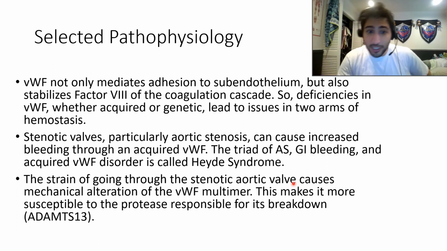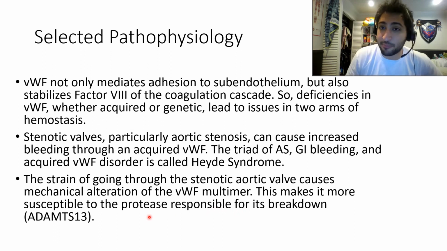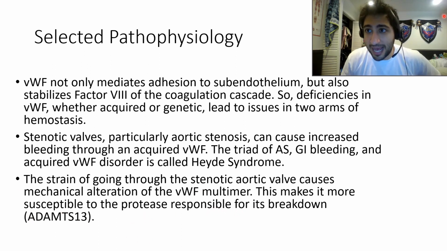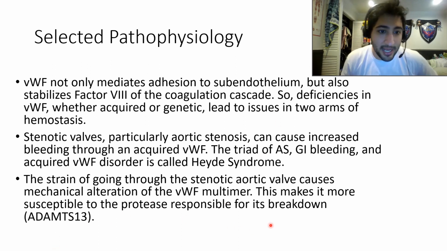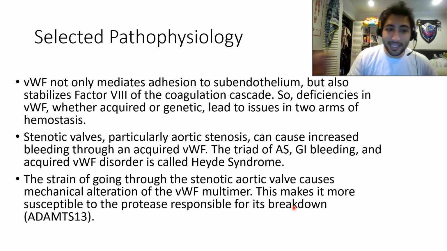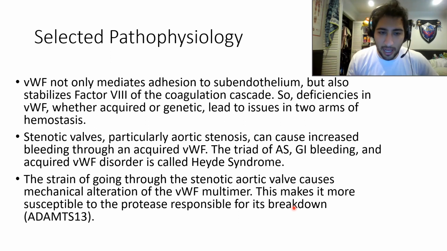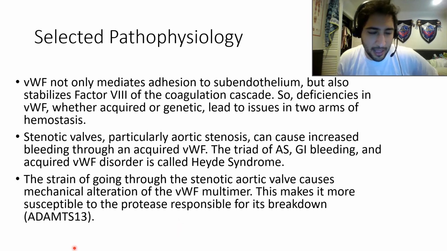Now, this distortion makes it more susceptible to being broken down. The protease that breaks down von Willebrand factor is called ADAMTS13. Okay, it's the von Willebrand factor protease. And the strain of shear forces, no matter what the cause is, can lead to increased breakdown by ADAMTS13.